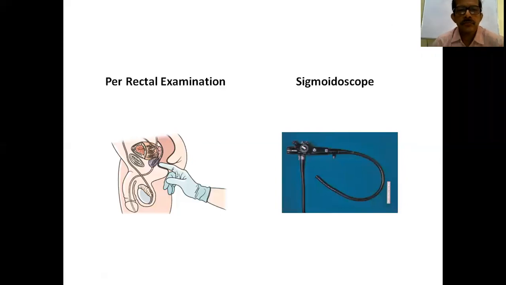All of you are telling left lateral. You have said knee elbow. And someone says lithotomy. So all are covered now.